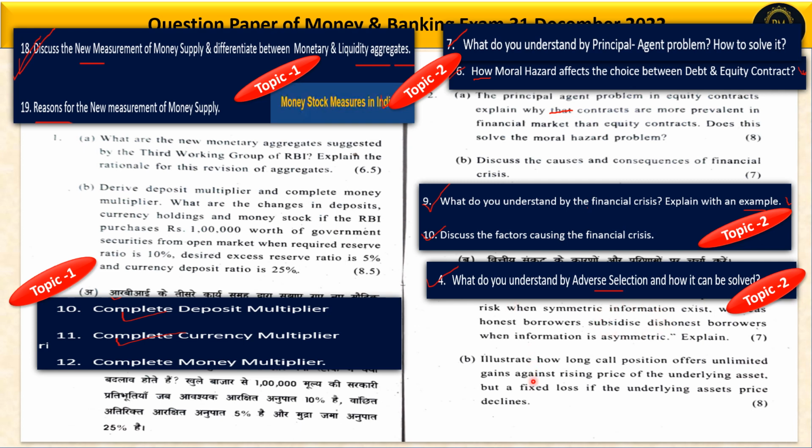Now coming to part B, illustrate how long call position offers unlimited gain against rising price of underlying asset but a fixed loss if underlying asset price declines.